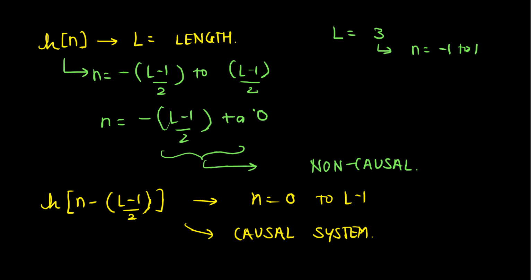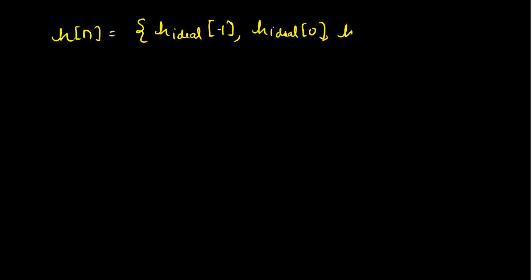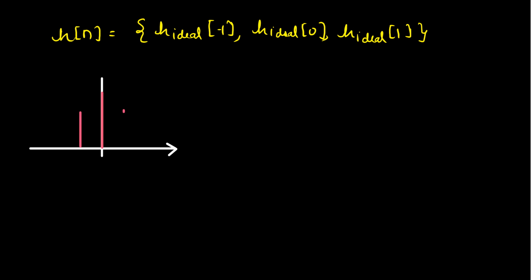So let us go back to the example which we had seen earlier. The truncated version of our filter was h ideal of minus 1, h ideal of 0, and h ideal of 1. If we represent it graphically, suppose this is my n-axis, we had the values at n equal to 0, at n equal to minus 1, and at n equal to 1.